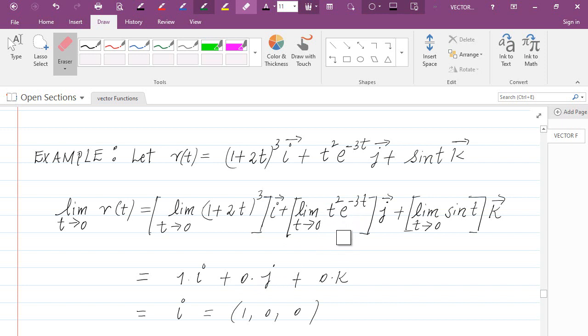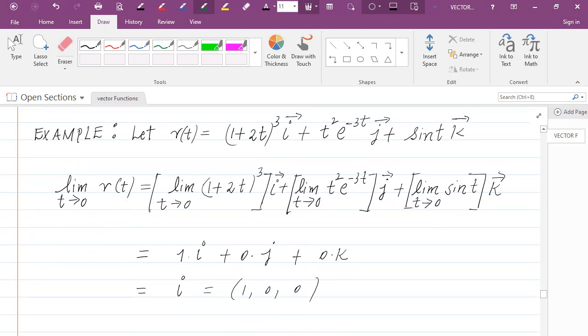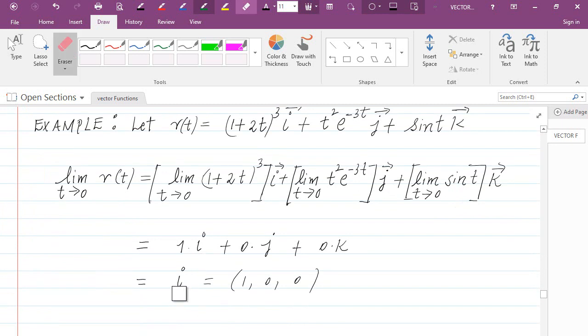Sorry, you don't have to use L'Hopital's rule, because as t goes to 0, e to the negative 3t goes to 1 and t squared goes to 0, so this limit would be 0. And then the limit of sine t is 0, of course, as t goes to 0. So the limit of r of t as t goes to 0 is the vector with components 1, 0, 0.